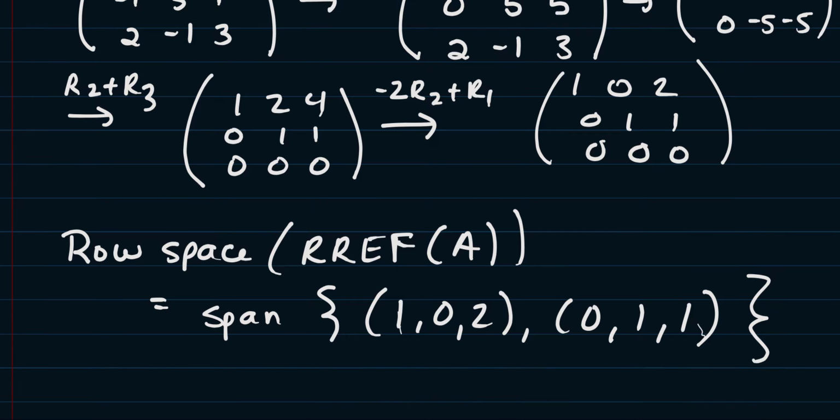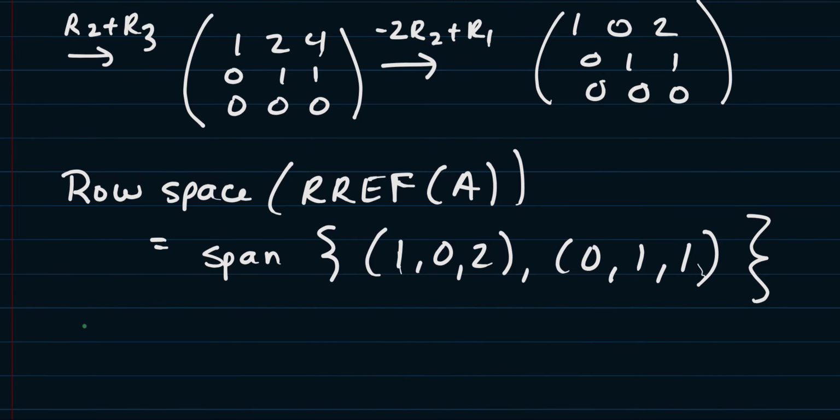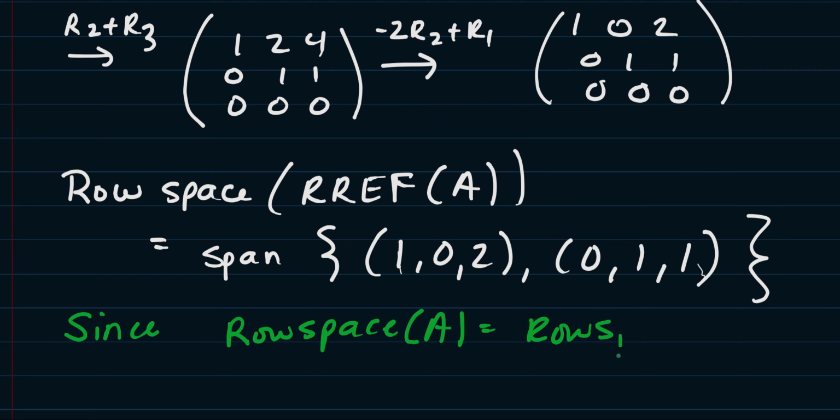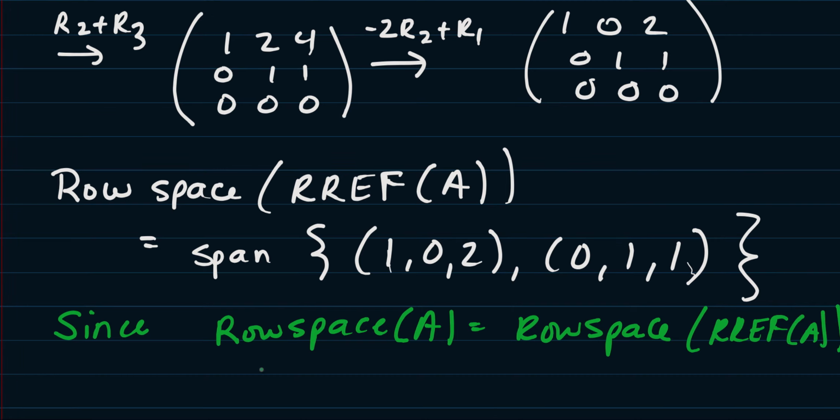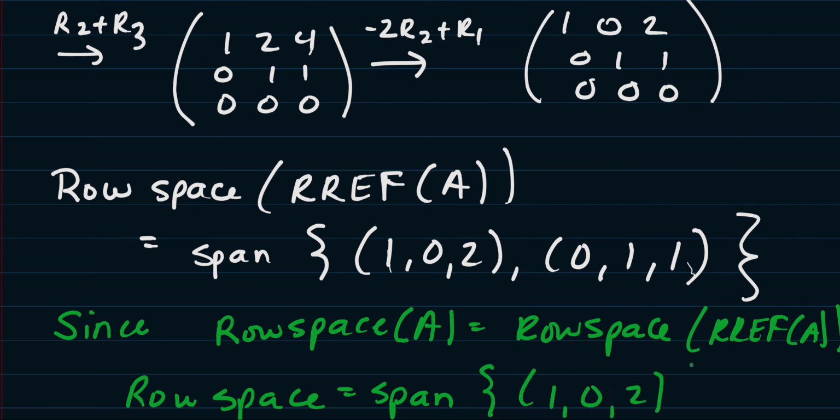So since the row space of A is equal to the row space of the reduced row echelon form of A, then the row space is the span of 1, 0, 2 and 0, 1, 1.